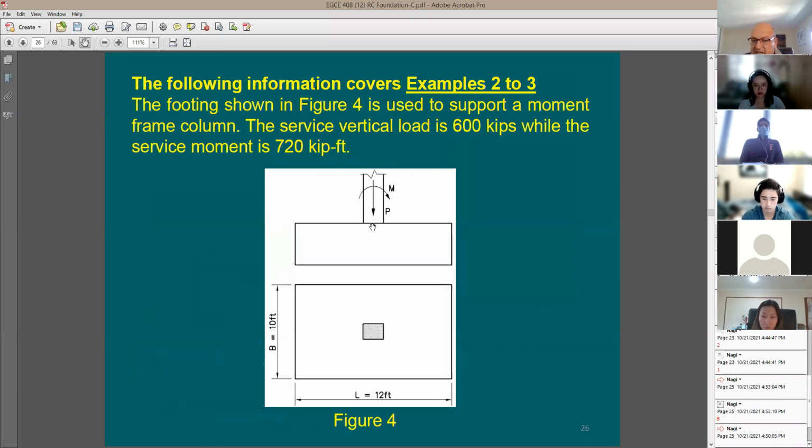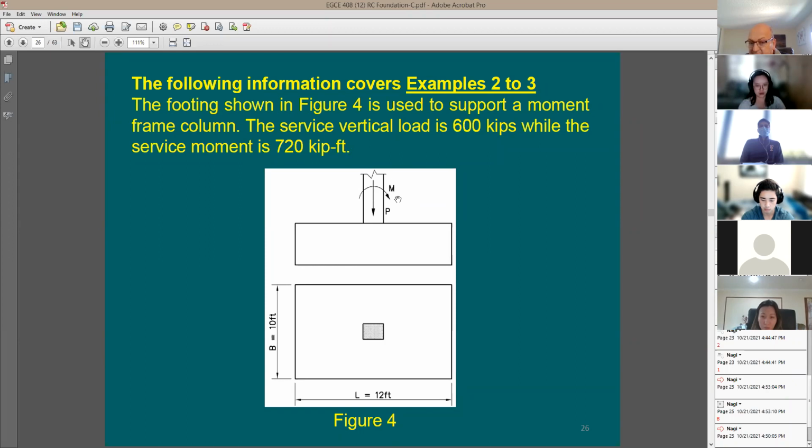We have an example. It is a footing exposed to axial load and moment. So the vertical load, this service load, which means it is unfactored, is what I need to use when it comes to the footing size. 600 kips, the service moment 720 kip-feet, and the moment is given in this direction.